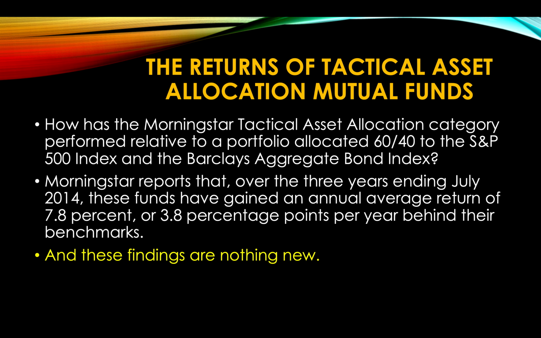How did it perform relative to a standard 60% large cap stocks and 40% bond index? Morningstar did a study and found that these funds gained an average annual return of 7.8%, but that was 3.8% behind this benchmark. Those findings were nothing new.